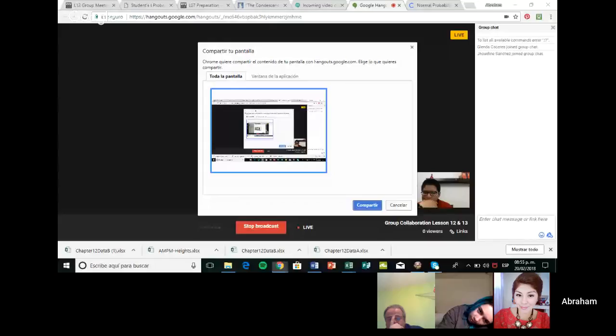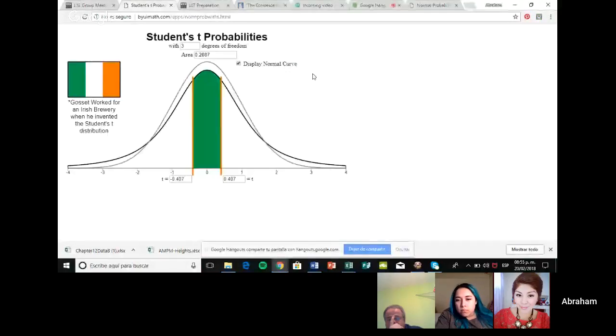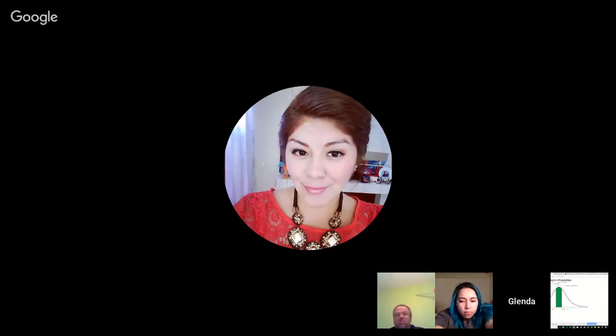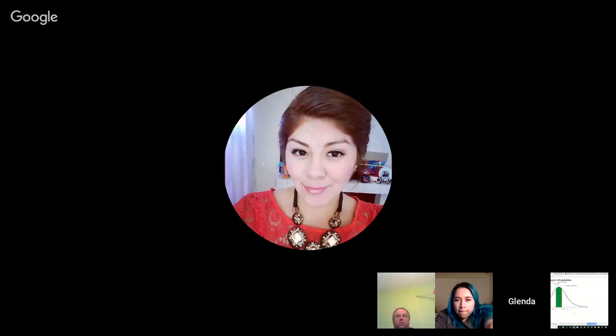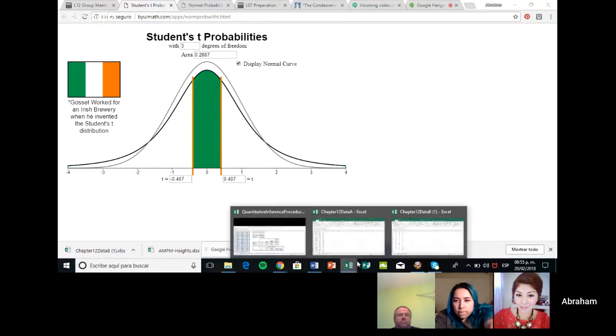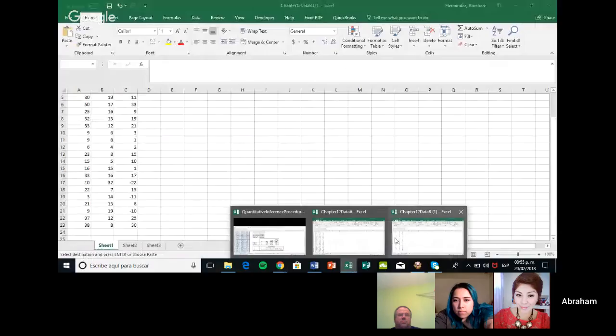I don't know, that just doesn't sound right. Michael was using this applet, and we are supposed to use this applet, the probability applet. Yes, I'm using the probability applet, because I use the number that I get from this thing.